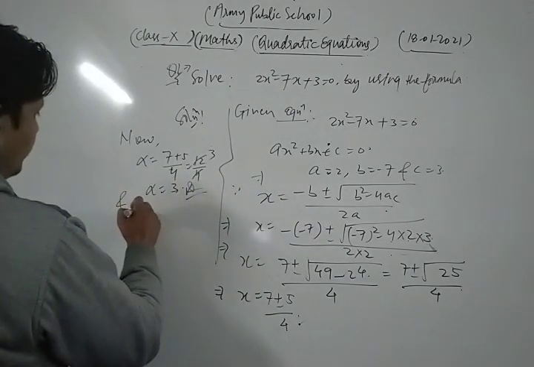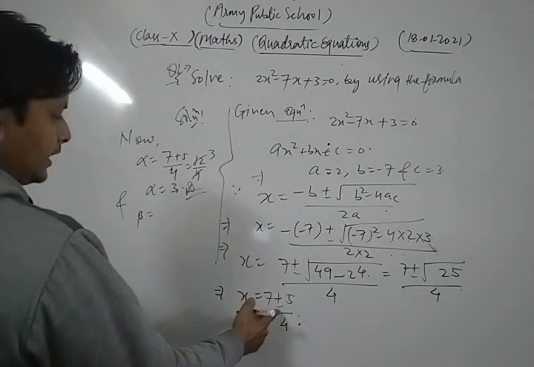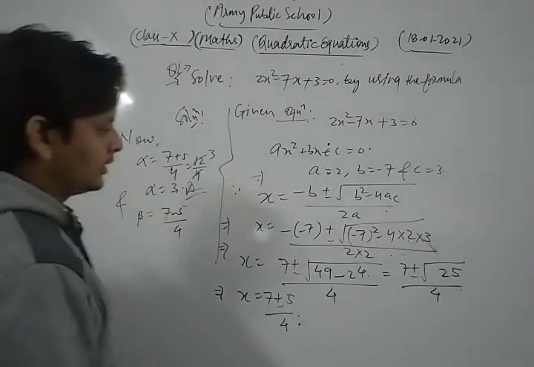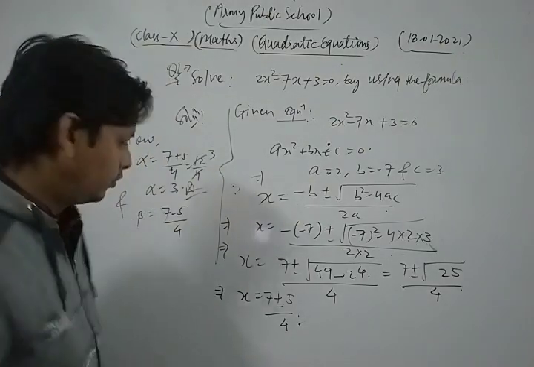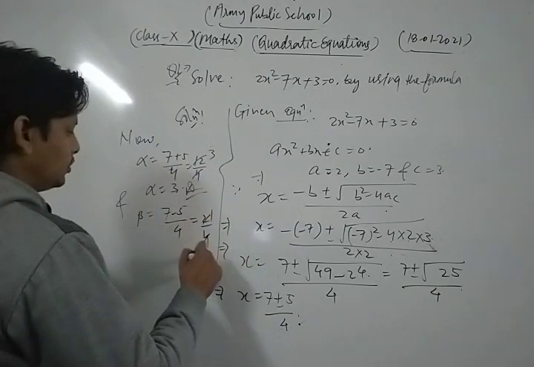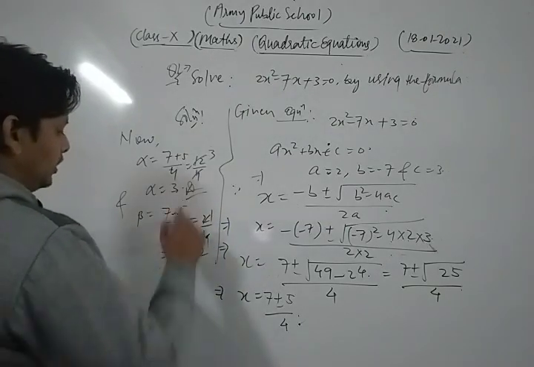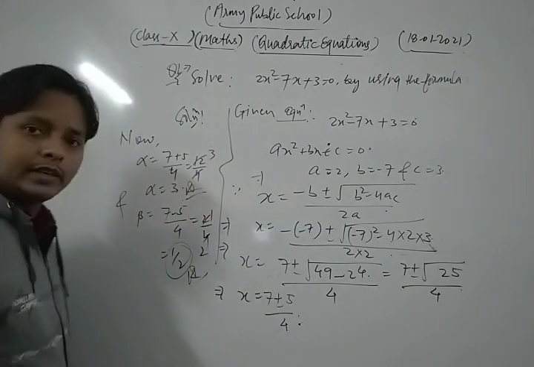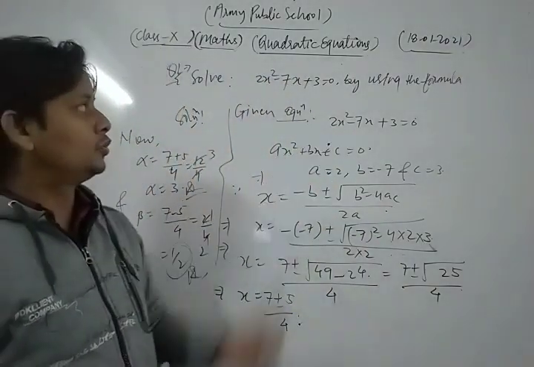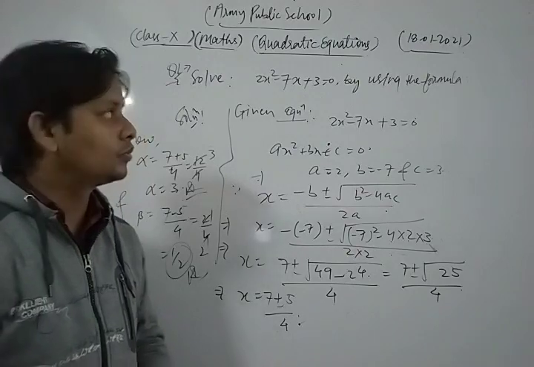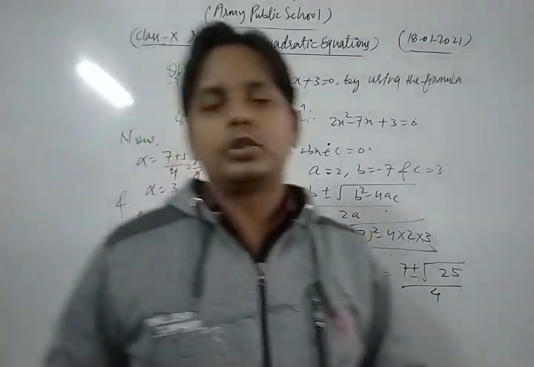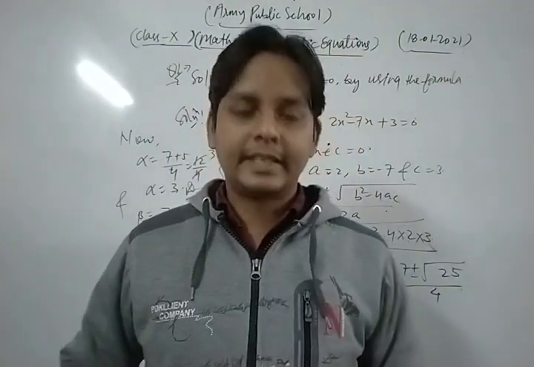And for the other root we take minus, so 7 minus 5 upon 4. So we get 2 upon 4. 2 ones are 2, 2 twos are 4, that is 1 by 2. So this is the other answer. Thus, in this way, dear students, we solve the quadratic equation 2x square minus 7x plus 3 is equal to 0 by using the formula. So this is the method, dear students, to solve that type of question.